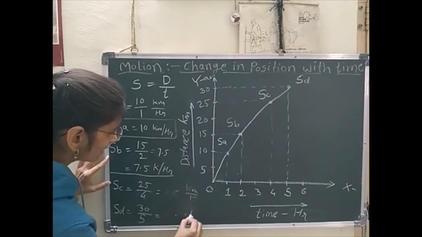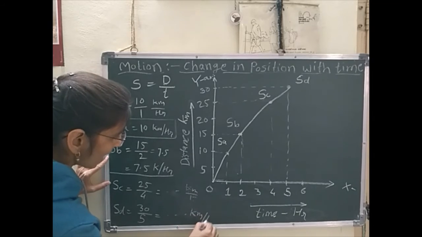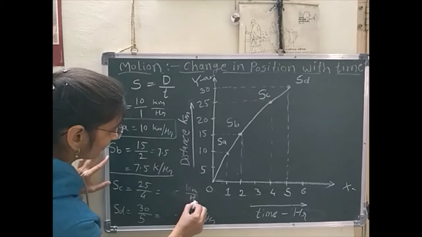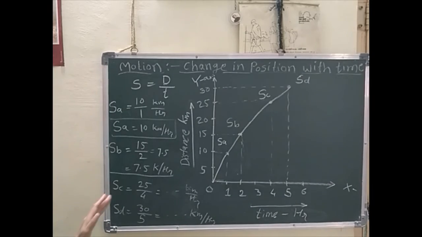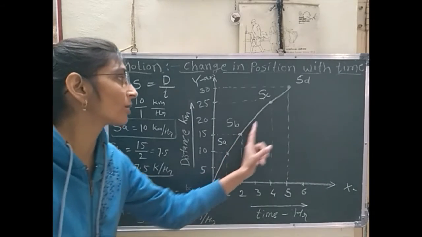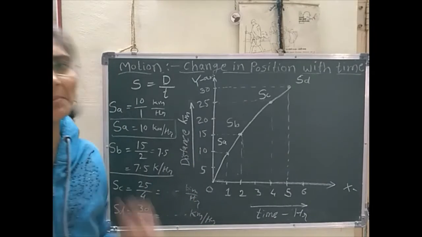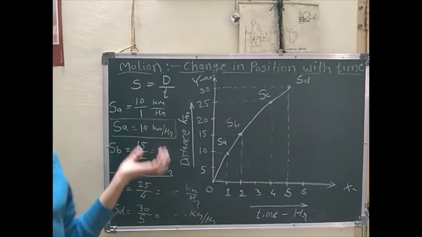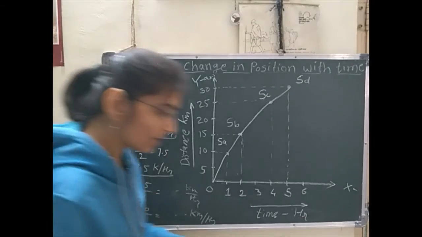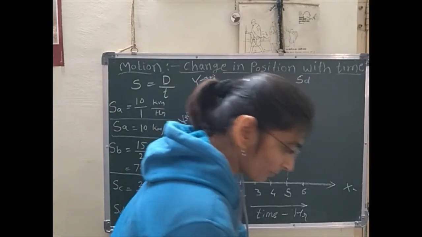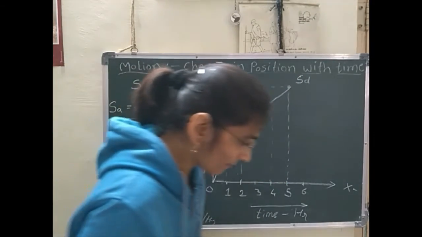What will be the answer? That is the speed in kilometer per hour. So in this manner, we can take out the speed at different points for the same guy, okay. In different ways, we can take out the points, and we can plot the graph.